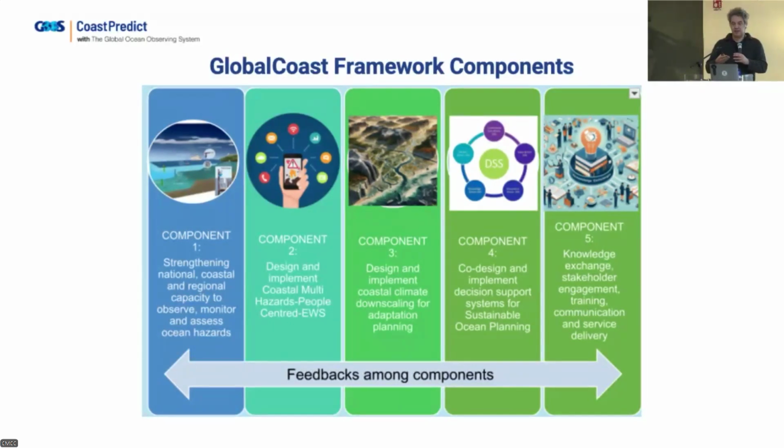And imagine that this should be, in our mind, the backbone of each project implemented in CoastPredict. So in the diversity of the coastal ocean, we get some homogeneity in the approach and in the solutions.